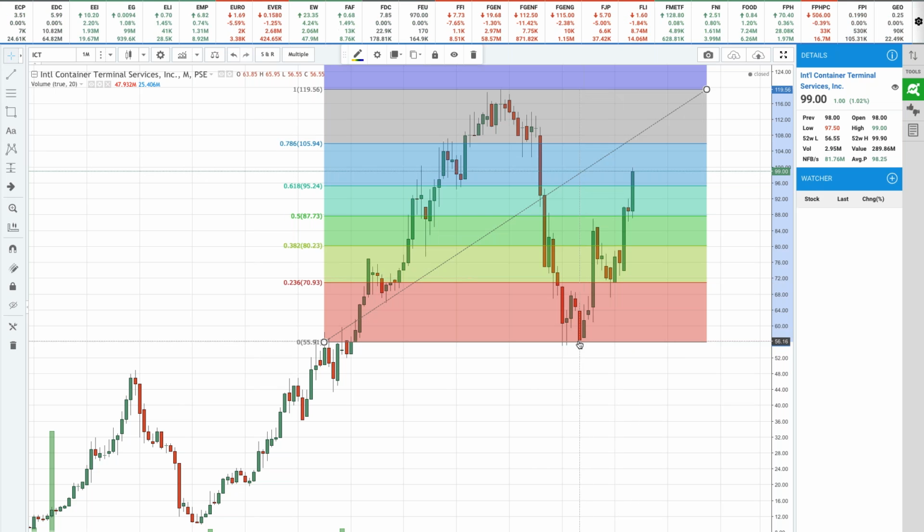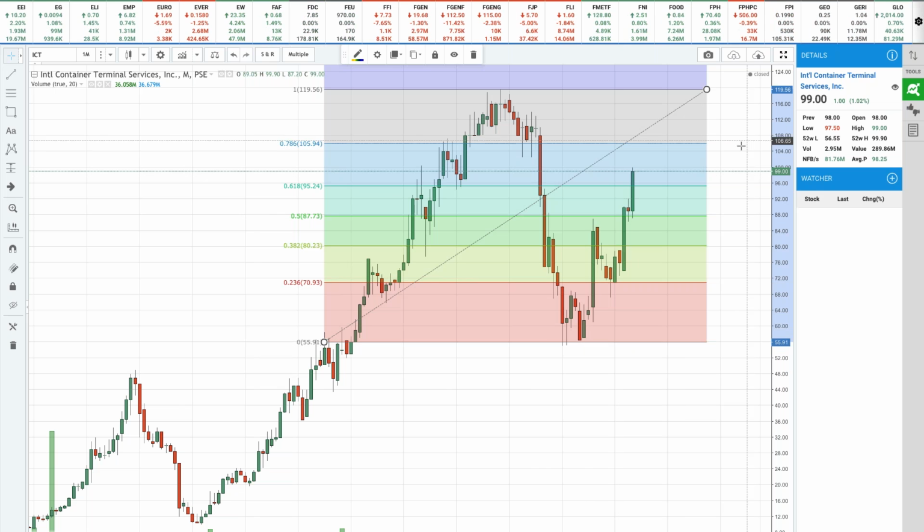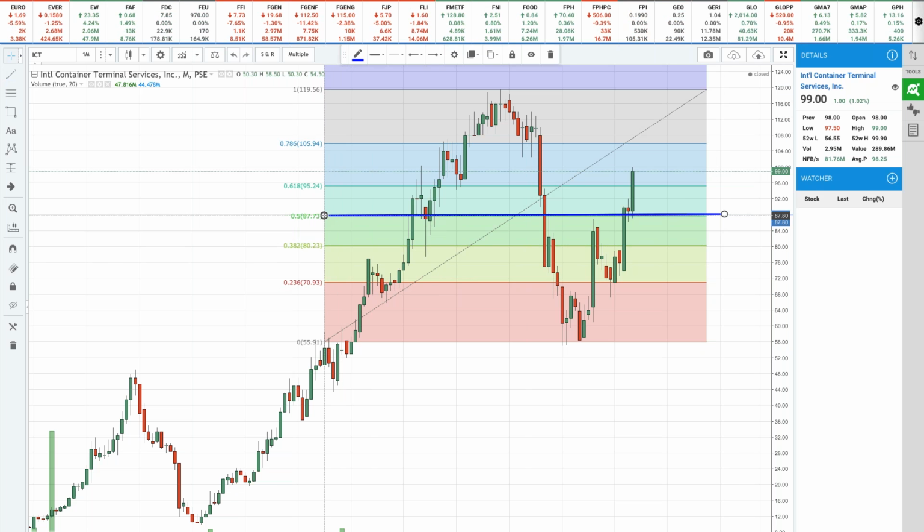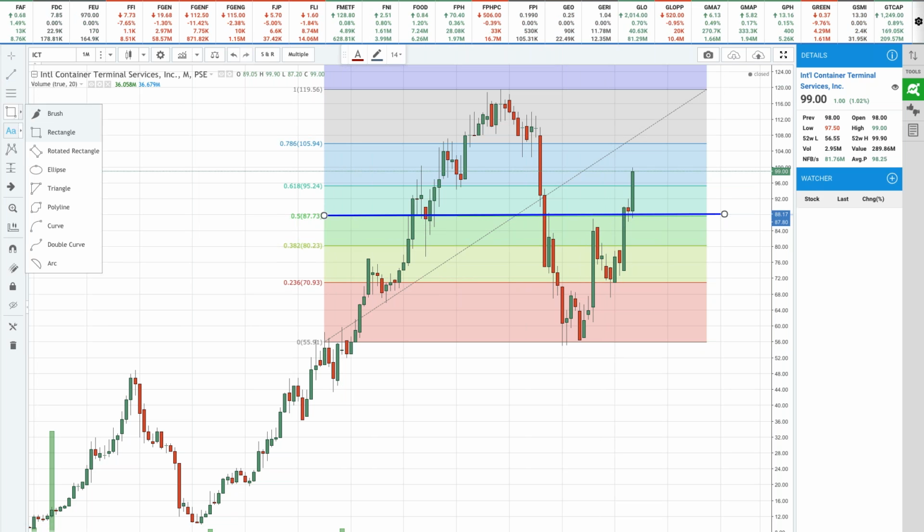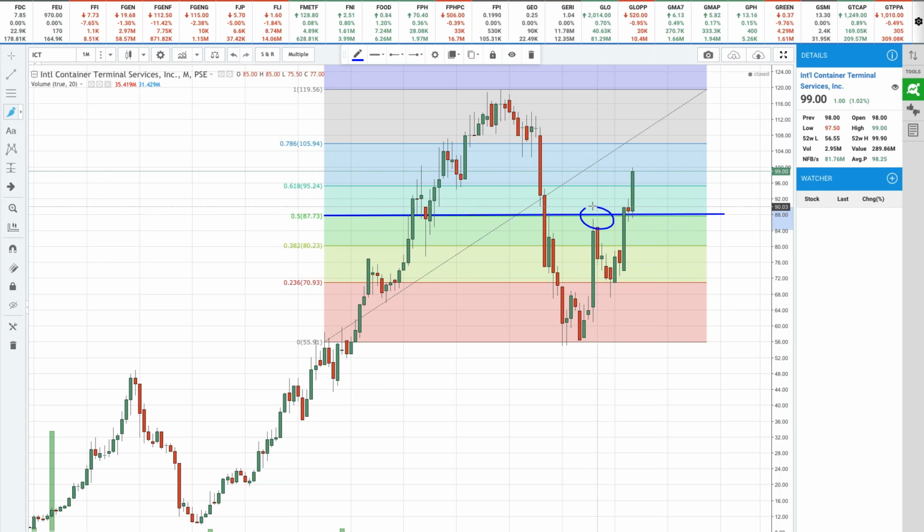You already know that this is the bottom, right? Now, you do a reverse Fibonacci to know until where it might bounce. You notice price was able to bounce until the 50% level right here, and then it dropped back down. It bounced until here, and then it dropped back down.